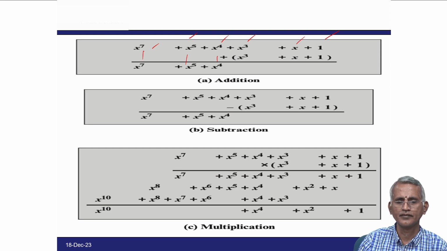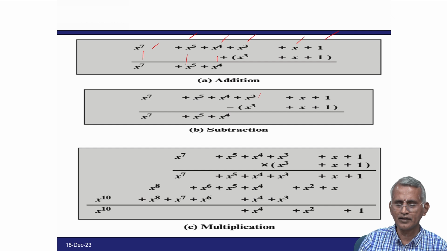Because 1 plus 1 is 2, under modulo 2 it becomes 0, therefore we have to take it out. For subtraction, do the same and simply cancel this part, that is all.